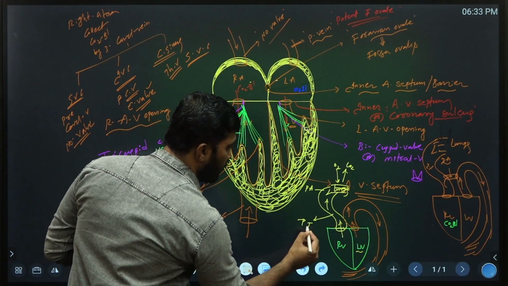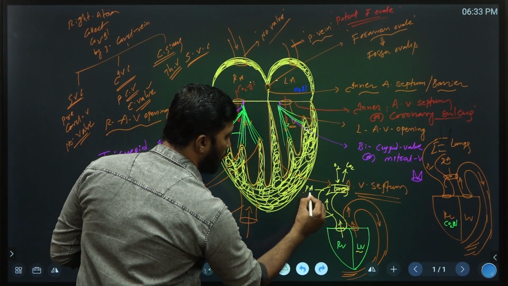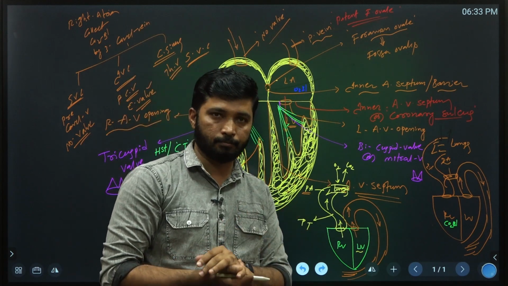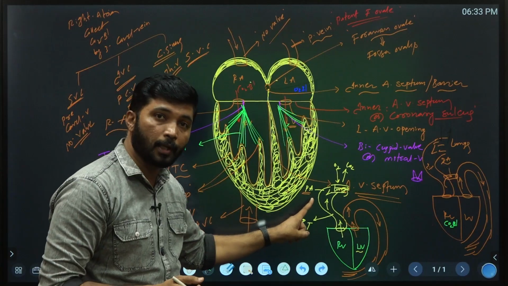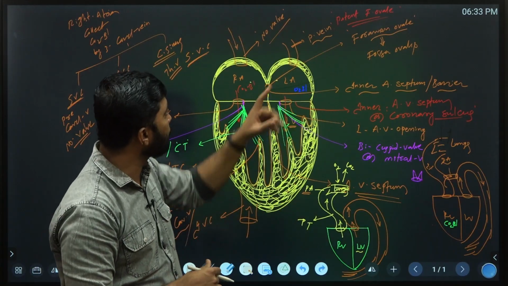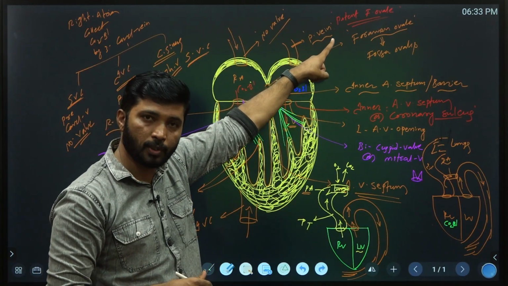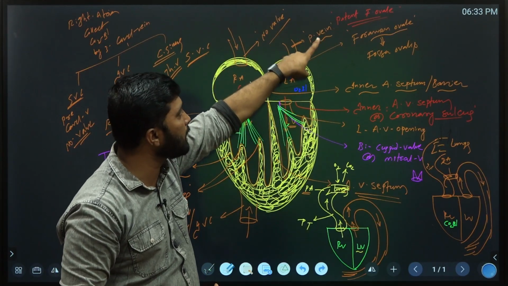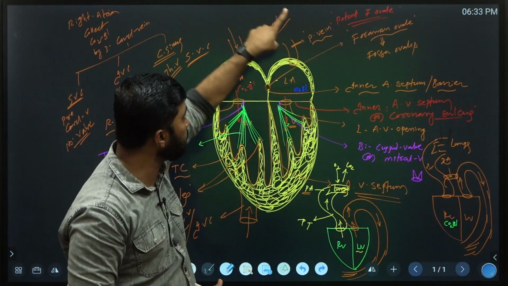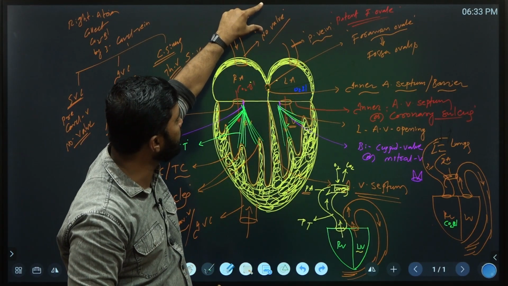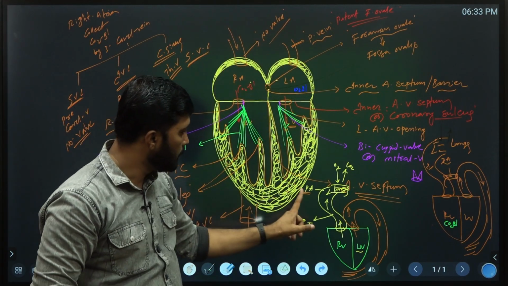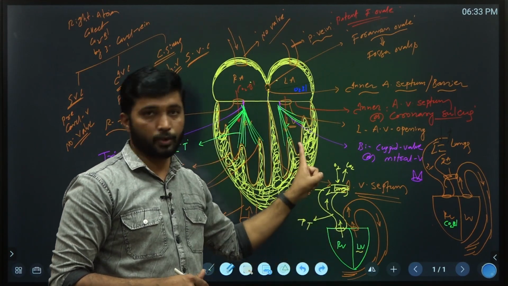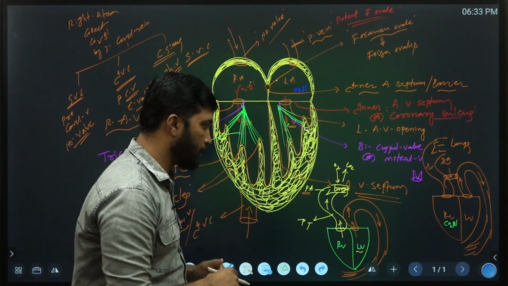And this is the pulmonary trunk, which further divides into pulmonary arteries. Generally arteries carry oxygenated blood, except the pulmonary artery. Whereas veins carry deoxygenated blood, except the pulmonary veins. Pulmonary veins carry oxygenated blood from the lungs towards the left atrium. Pulmonary arteries carry deoxygenated blood, that is different.